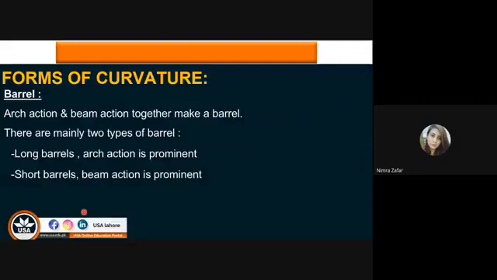Then we have barrel. Arch action and beam action together make a barrel. There are mainly two types: long barrels where arch action is prominent, and short barrels where beam action is prominent. So what happens in a barrel? We have one arch and then a beam which is extended.